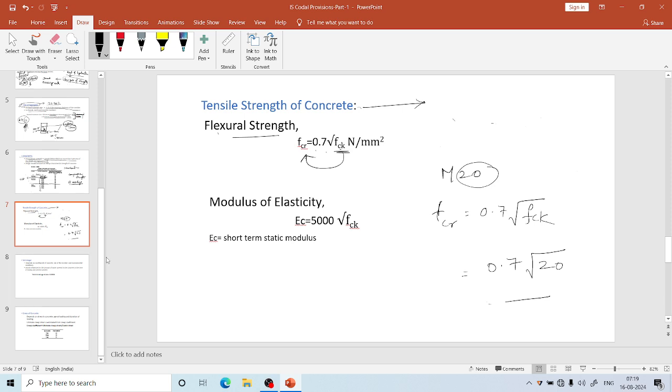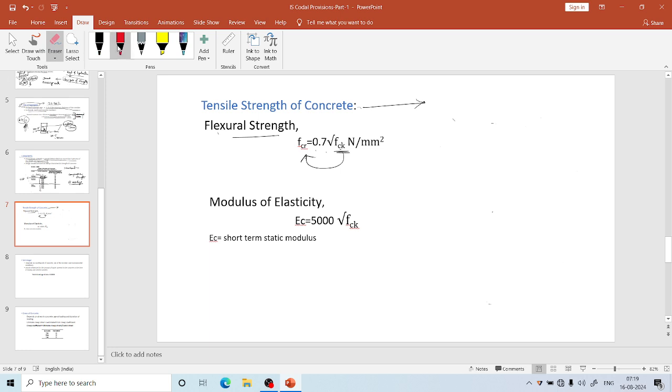Then the second thing is the modulus of elasticity of concrete. With respect to steel, irrespective of the grade of steel, like Fe 415 or Fe 500, the modulus of elasticity Es equals 2 into 10 to the power of 5 Newton per mm square.